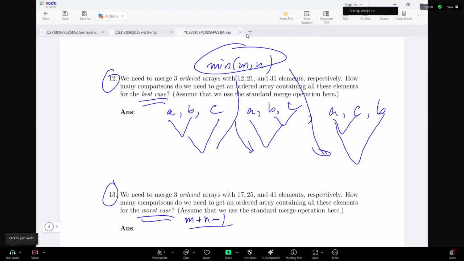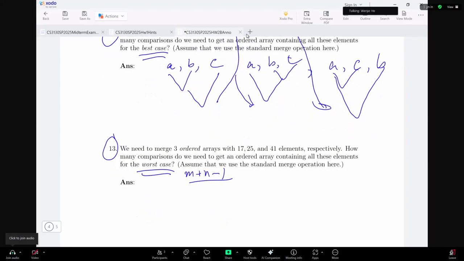Then, when we get to this one, can you do the same thing? Still those three ways, but you use a different formula.